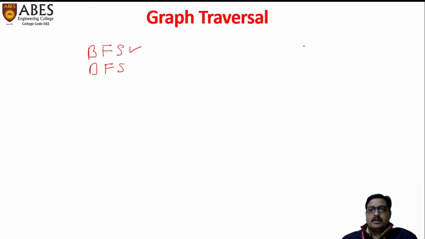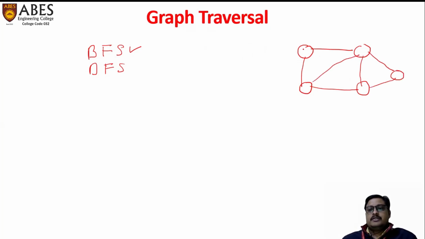Suppose we have a graph like this. This is a graph given to us, and we want to traverse all the nodes of this graph. So we'll use the BFS algorithm for this purpose.